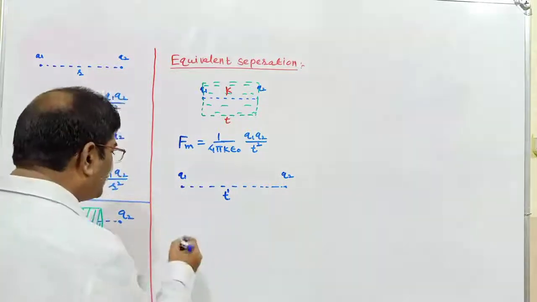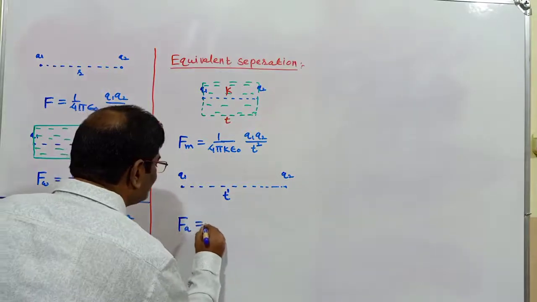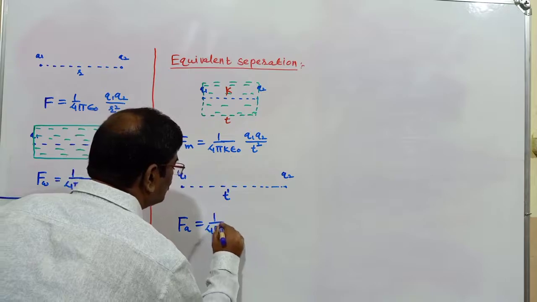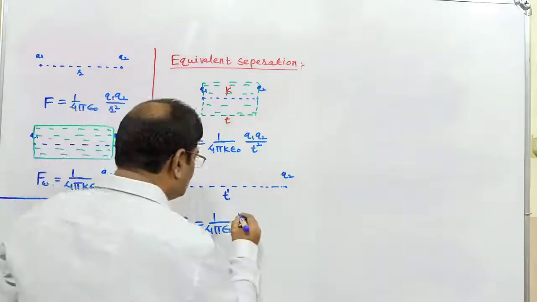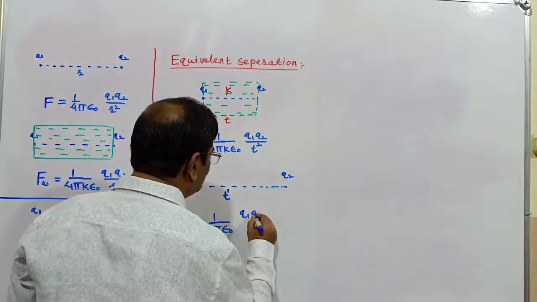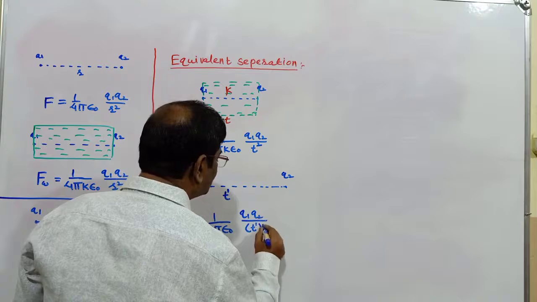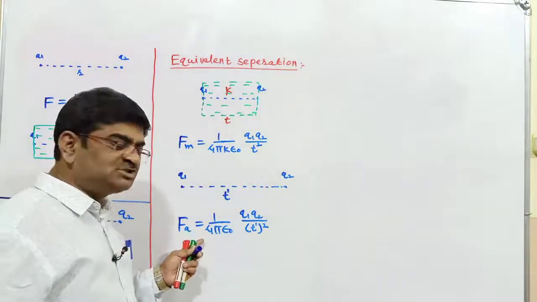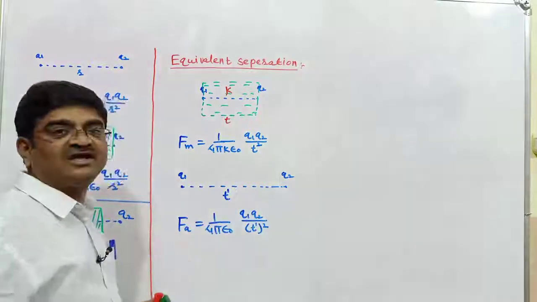Definitely. I would get Fa equal to 1 upon 4 pi epsilon 0, absolute vacuum I am dealing, Q1 Q2 divided by T dash square. So what is this? Force between those two charges when they are placed in vacuum.